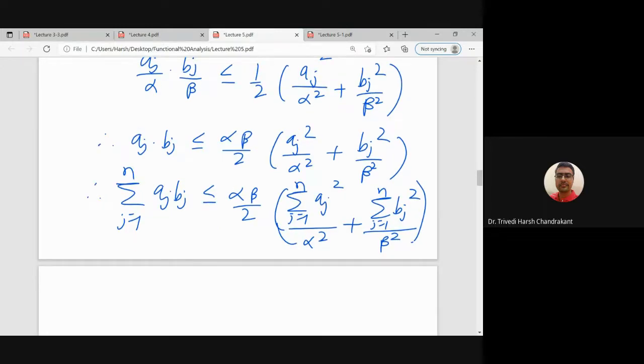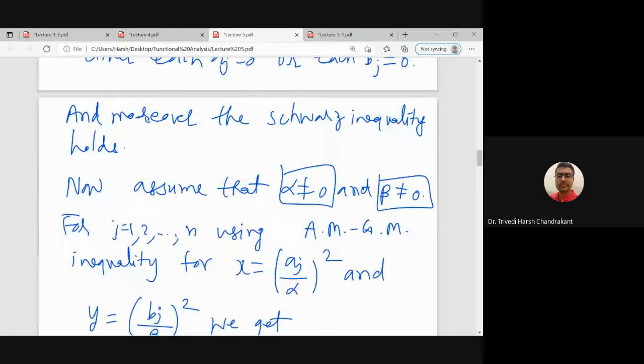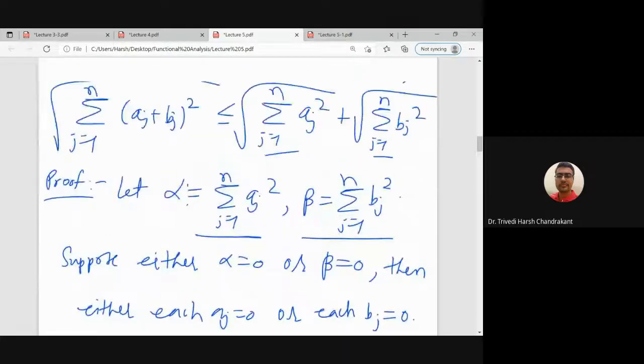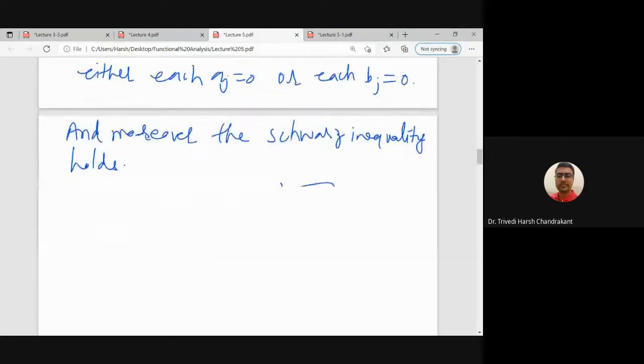And then what can we say about this summation? The summation we have fixed. What is that? The summation of aj square is alpha.